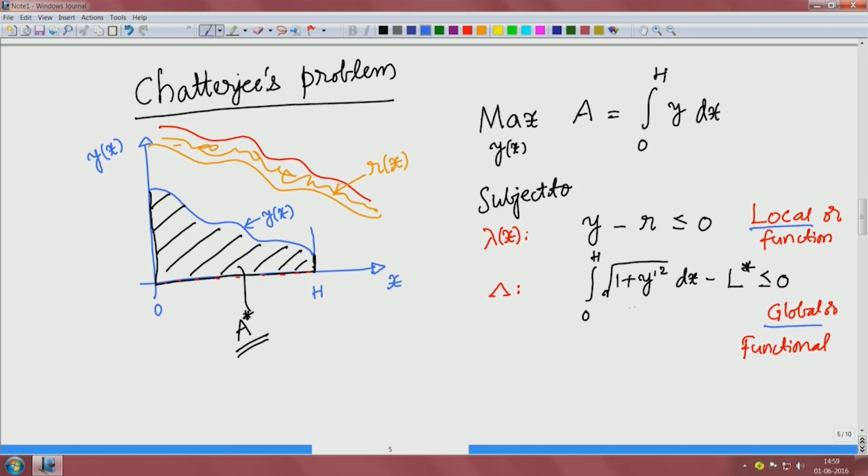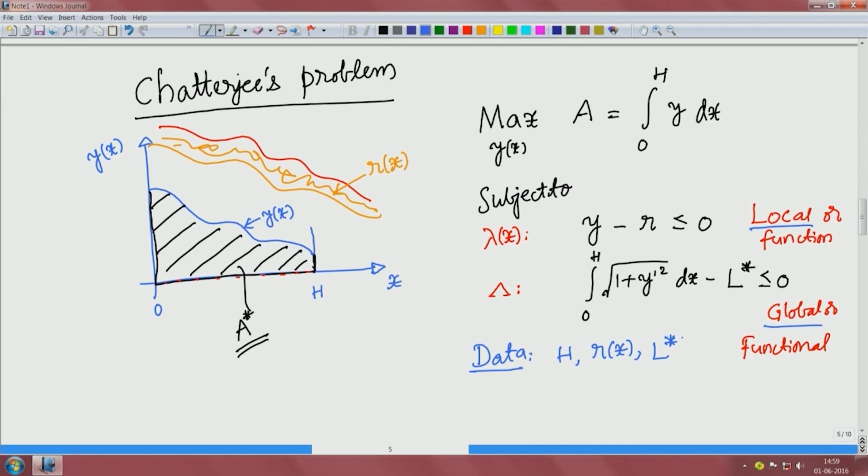Okay. Again, how does this constraint come up? This is because of the fence length of the curve, that is square root of dx square plus dy square. We have taken dx out, that becomes square root of 1 plus y prime square dx. Okay. And what is the data for this problem? We are given h and we are given this r of x, the river profile, and L star.